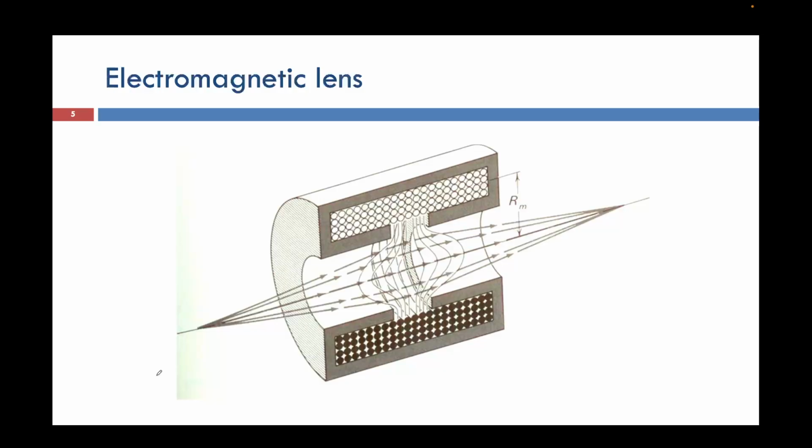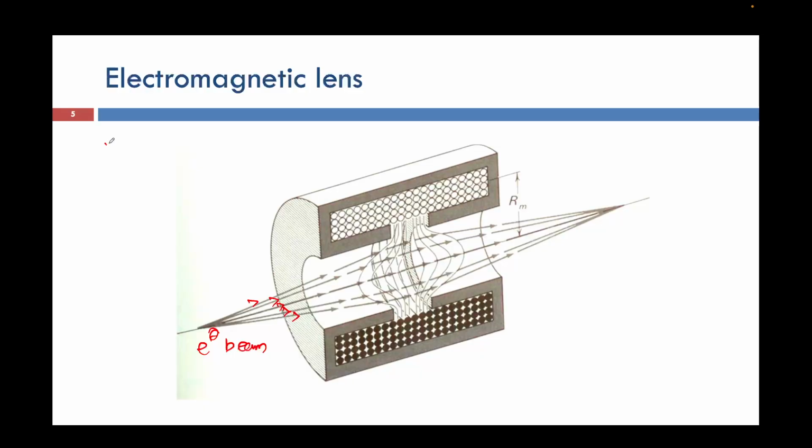And then if we come to electromagnetic lens, both the electric field as well as the magnetic field are present, and they are acting on the electron beam. Since electrons are negatively charged carriers, it is easier for us. You can ask why not do the same thing with a glass lens, but the problem is the penetration power of electrons is very poor.